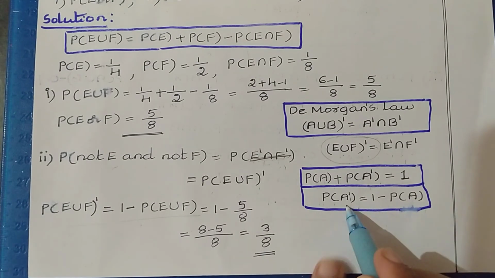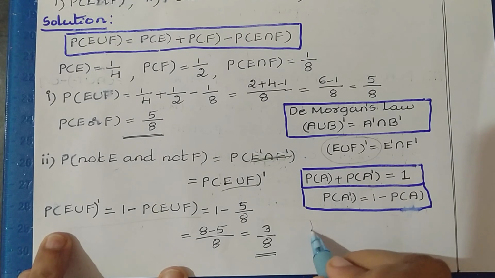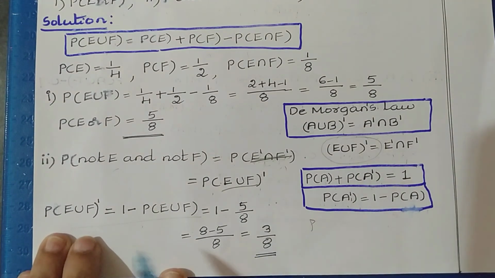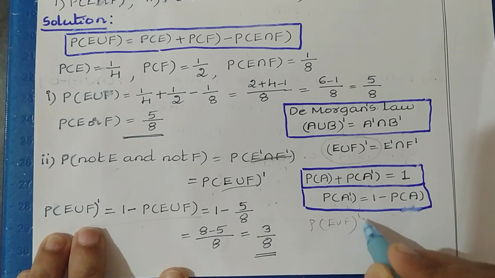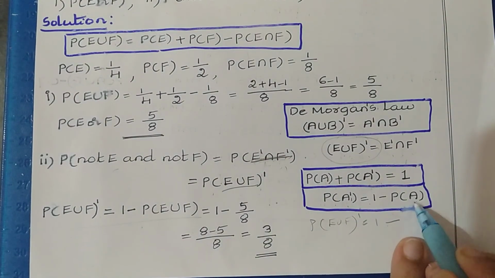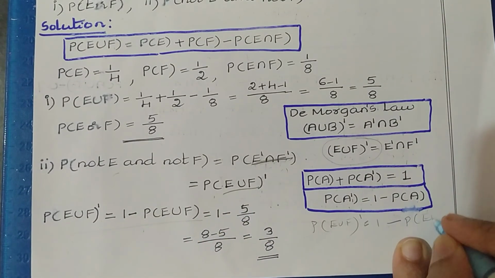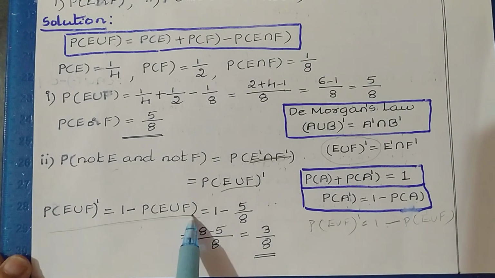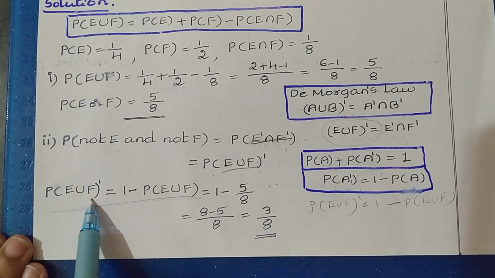See, in the place of A here I am taking E union F. So A is replaced by E union F. So probability of E union F whole complement is equal to 1 minus probability of A. A I have taken as E union F. So 1 minus probability of E union F.